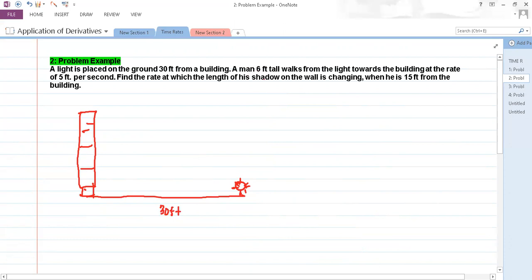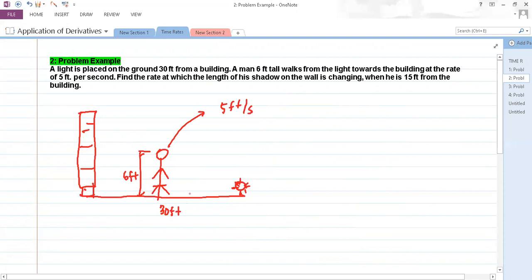So we have a man 6 feet tall walk from the light towards the building. So meron tayong, so he is 6 feet tall towards the building at a rate. Okay, so meron siyang rate na 5 feet per second.